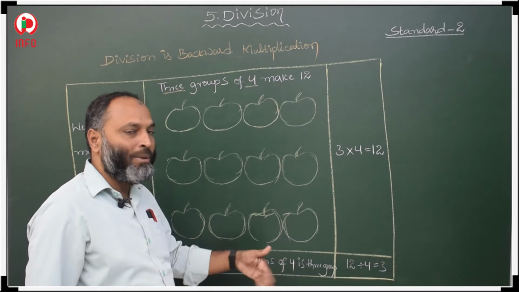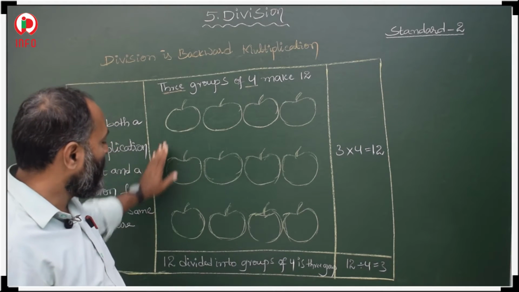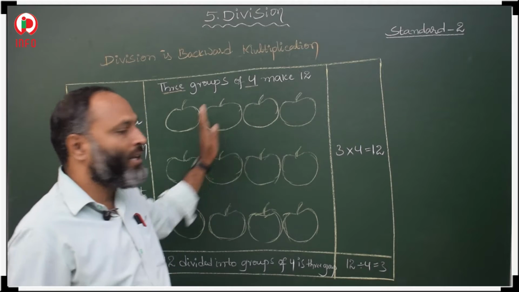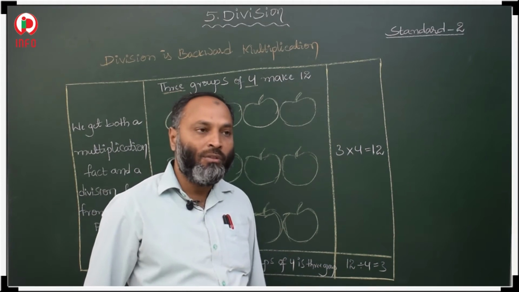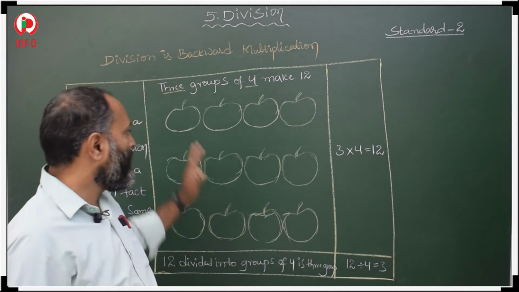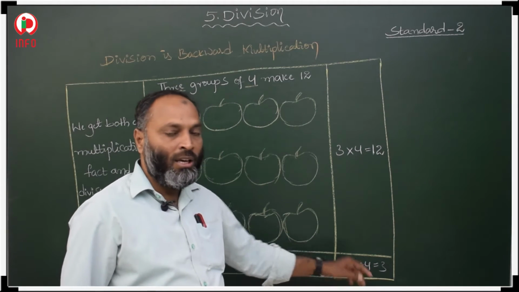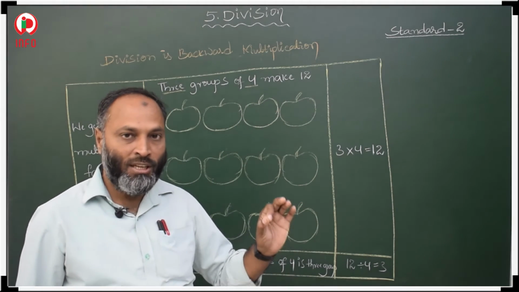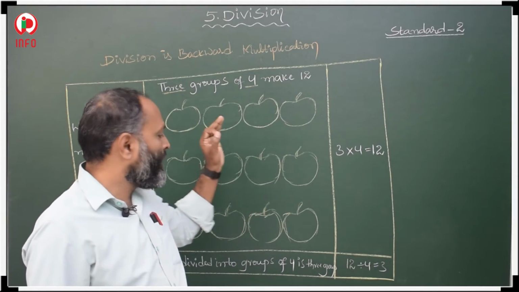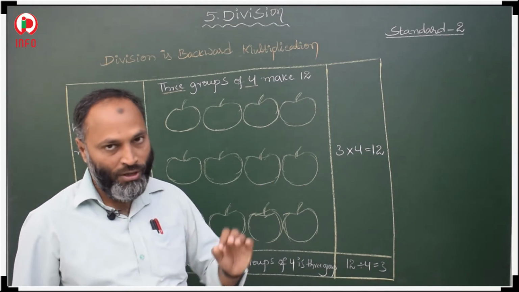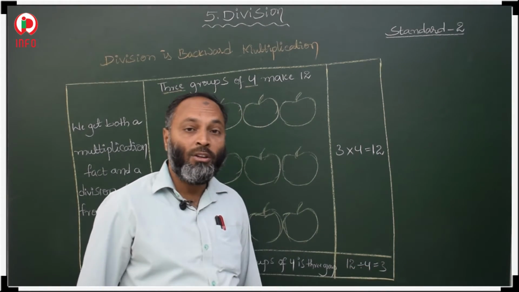Then how do we represent the division fact? See here, total how many fruits were there? Total 12 fruits. Then how many fruits were there in each group? 4 fruits. If we arrange 12 fruits, 4 in one group, 4 in one group, then how many groups can we form? 1, 2, 3. 3 groups we can form.